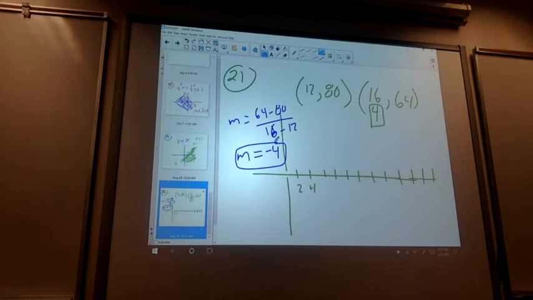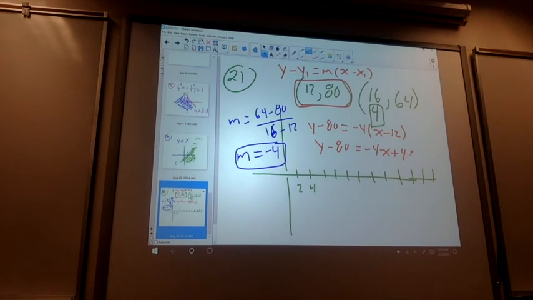All right, I'm going to use my point-slope. You can pick either of the equations to use, or whichever points to use. So I'm going to get y subtract 80 equals slope of -4 times x minus 12. That's 48. And then I'm going to add 80 to both sides.